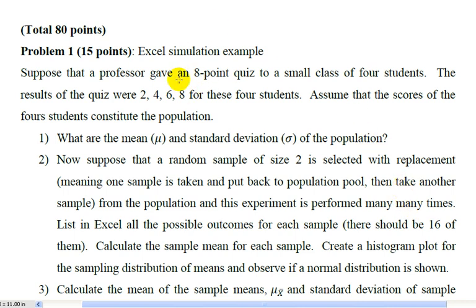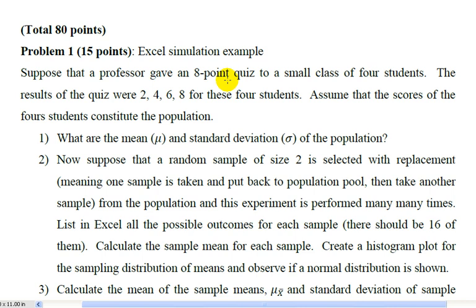Okay, so first assignment, it's an Excel simulation example. I've given you a template. You can make use of the template to do the assignments. The purpose of the assignments is basically to simulate the sample mean distribution based on a very simple example.